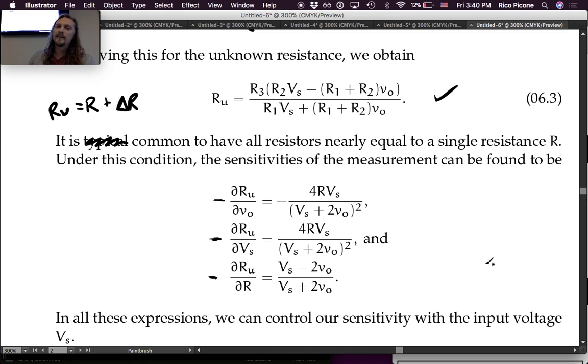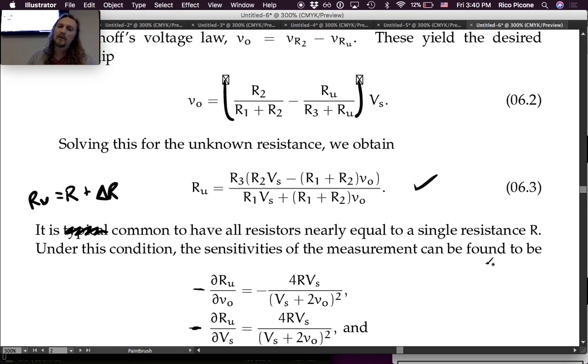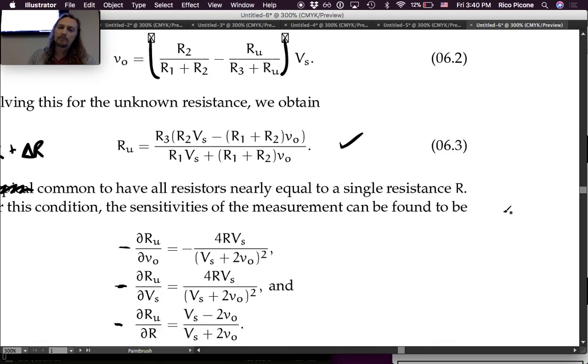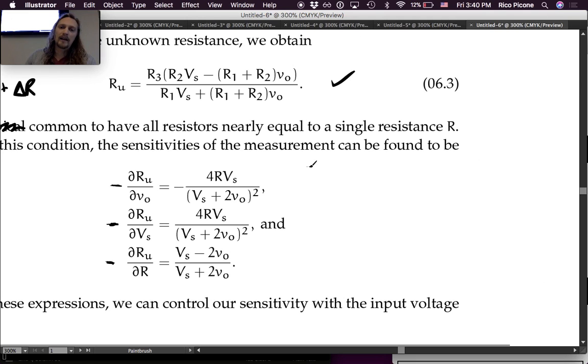It's not immediately obvious that this is a better situation than what we had over here, right? So we said this is bad, but we're going to say this is good. And the reason we can say that is that, say our V out was small, which it actually often is, very small, you might say, well then we have a small thing in the denominator, and that's squared, that's bad news, right?